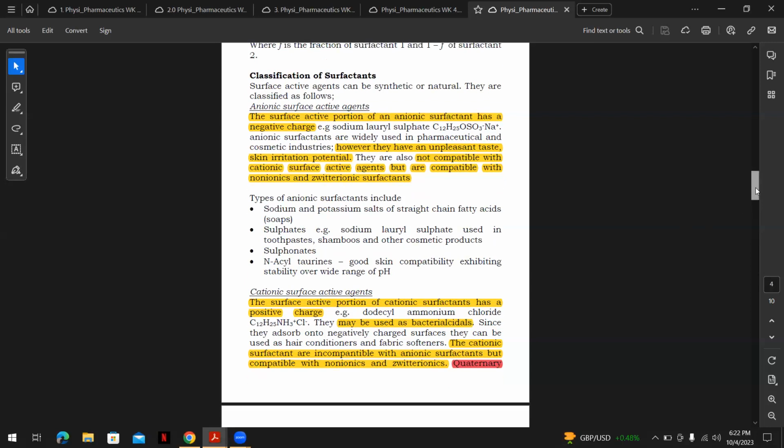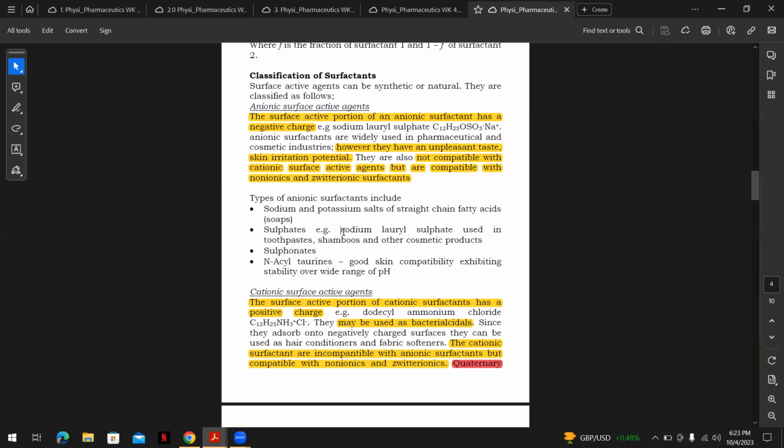non-ionic and zwitterionic. Examples: I don't know if you people have ever tasted shampoo. I have, and the taste is not very pleasant. So examples you see are those with sulfates, like the sodium lauryl sulfate used in toothpaste, shampoos, and other cosmetic products, anything with sulfate and sodium and potassium salts.